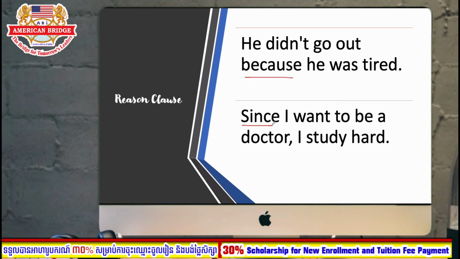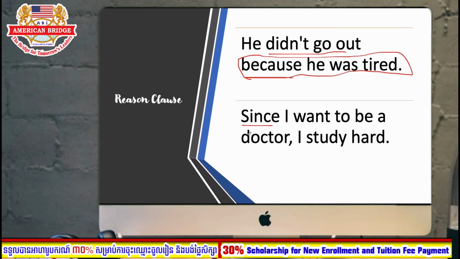To be clear, the word since in this situation has the same meaning as the word because, right? So look at the first example: he didn't go out because he was tired. So here, "because he was tired" is the reason clause, which functions as an adverb clause, because it tells the reason why he didn't go out.